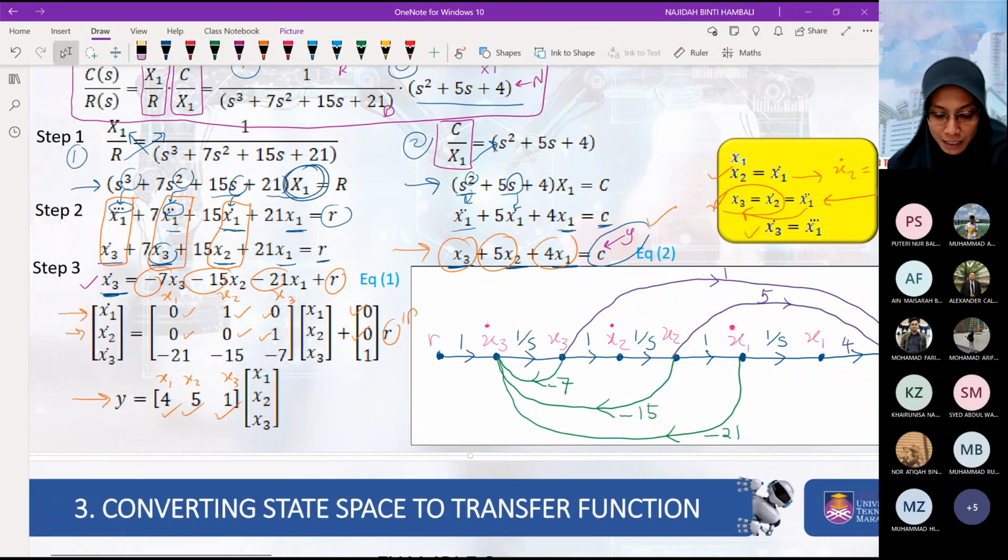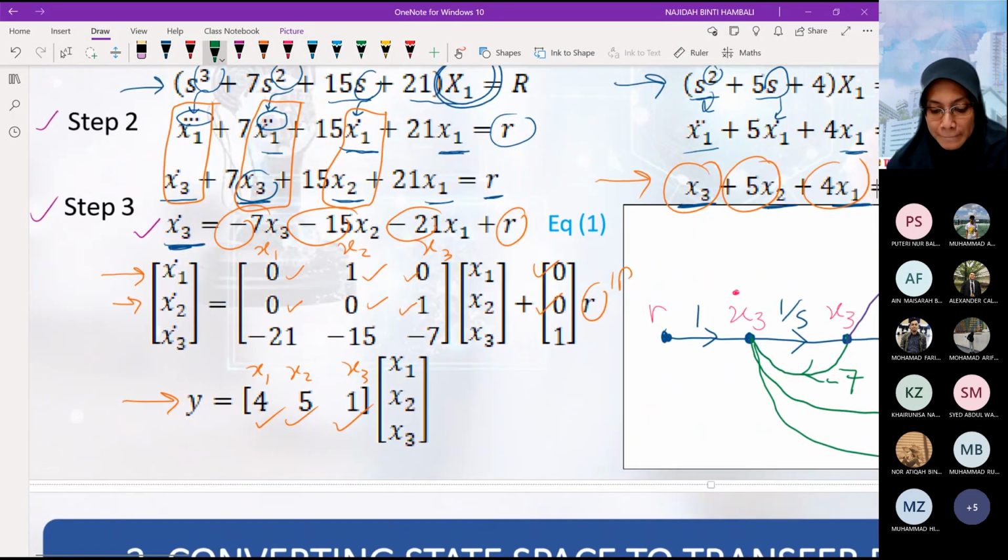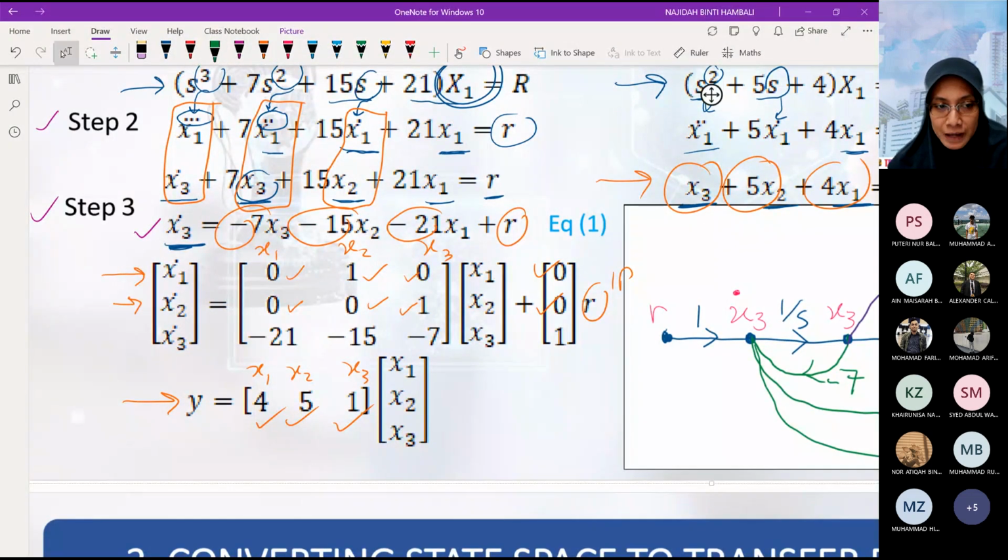Okay, now before we sketch our signal flow graph, what we need to do? Calculate how many nodes that we require. So 1 for input, 2 for output.